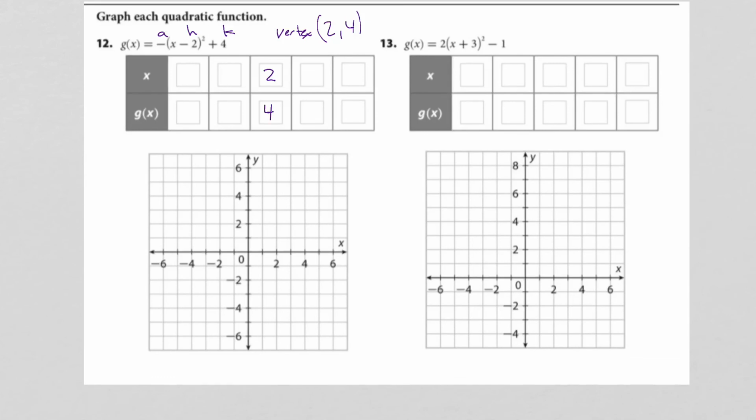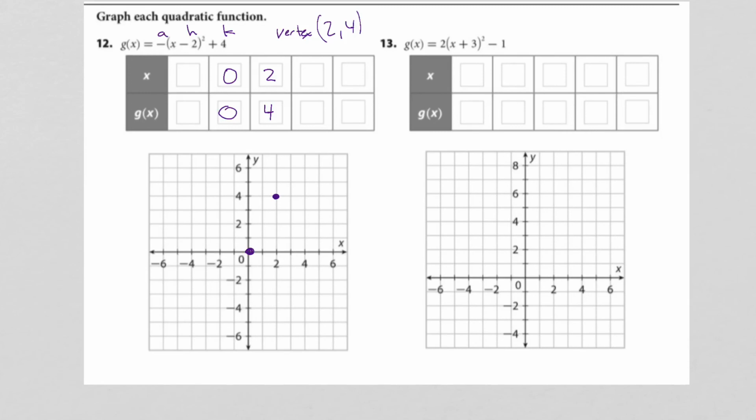There's the vertex. I know it's going to open downward because of that negative. So let's try 0. When I plug in 0, 0 minus 2 is negative 2, squared is 4, and a minus 4 and a positive 4 are 0.